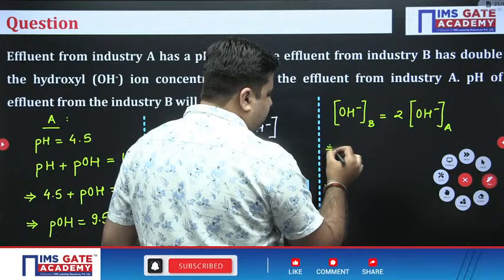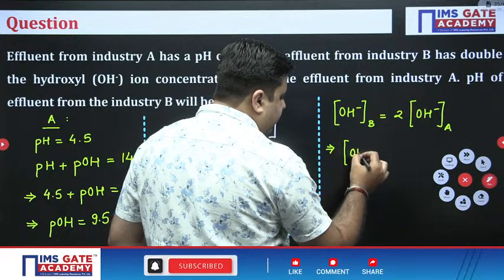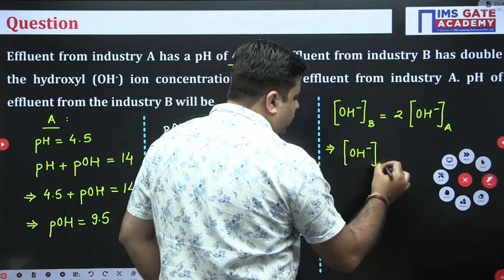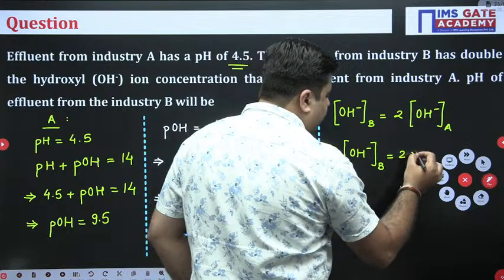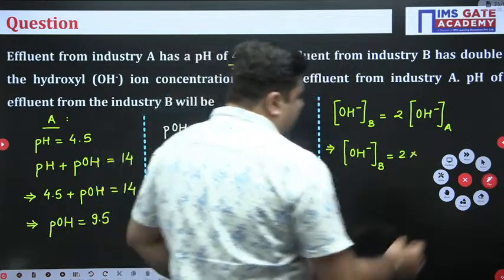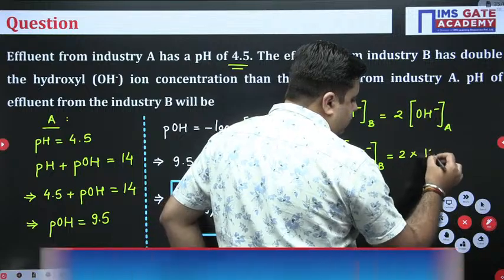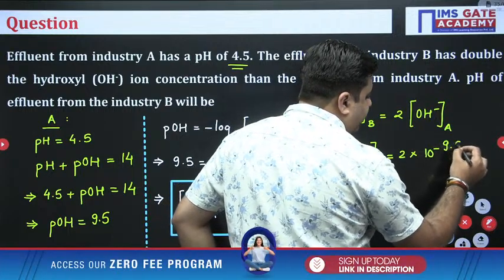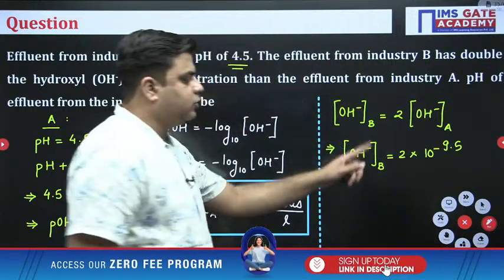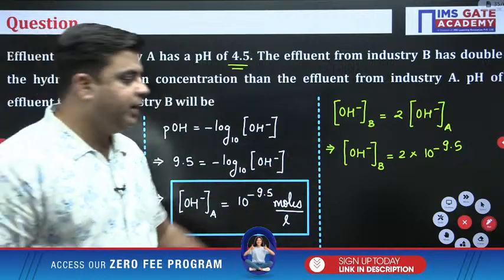So OH minus ion concentration for industry B is equal to 2 times 10 raised to power minus 9.5 moles per liter. This is OH minus ion concentration for industry B.